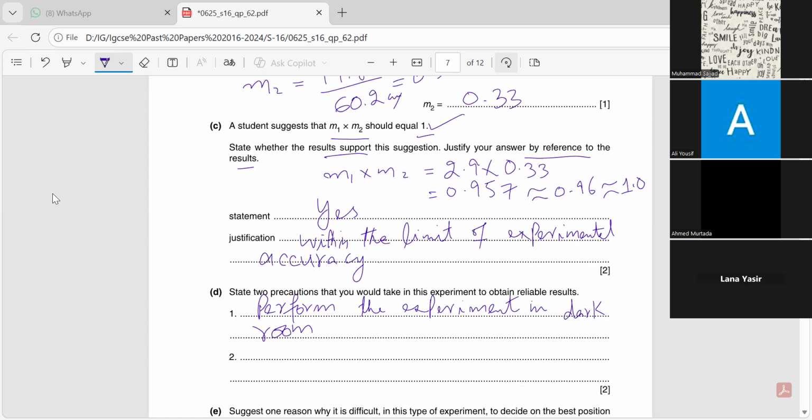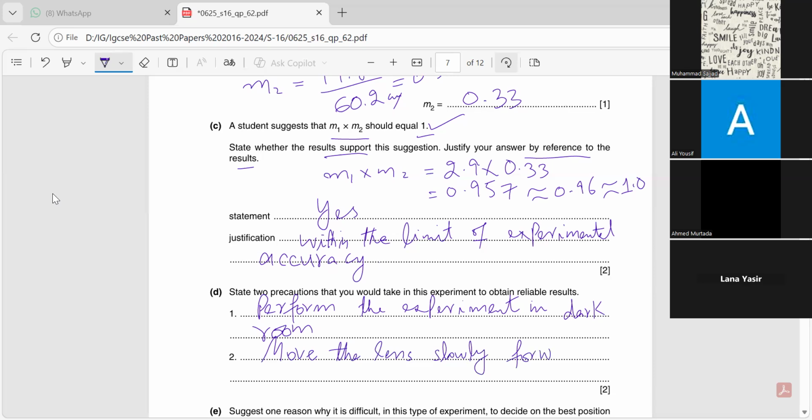That is the second point which I'm going to write now. Move the lens slowly, forward and backward.